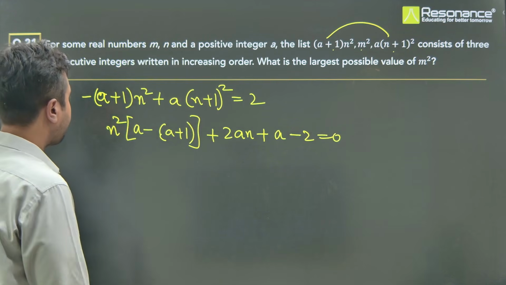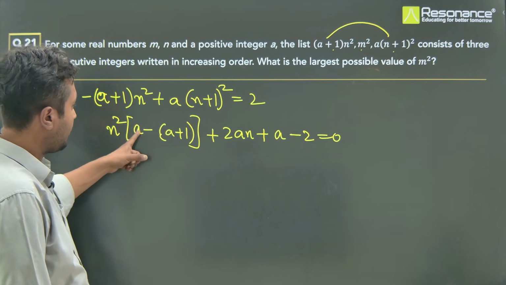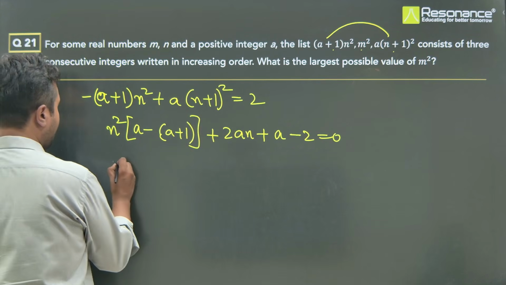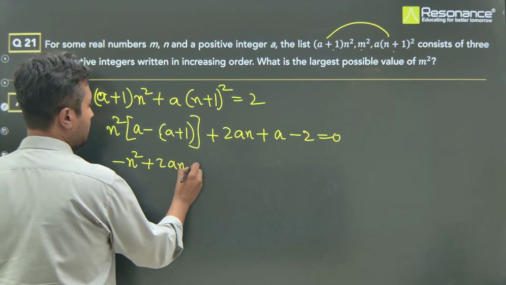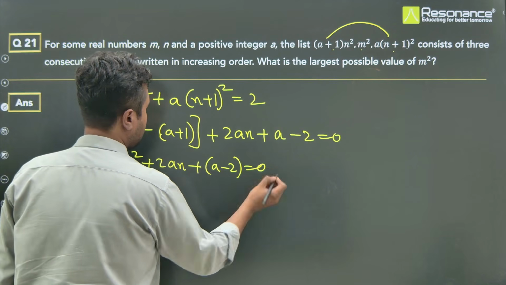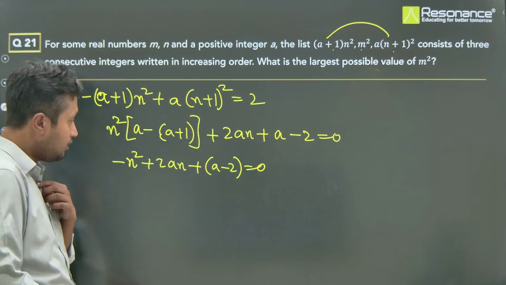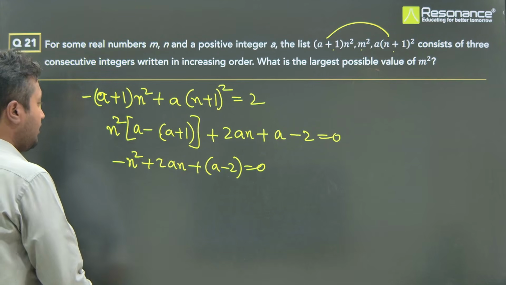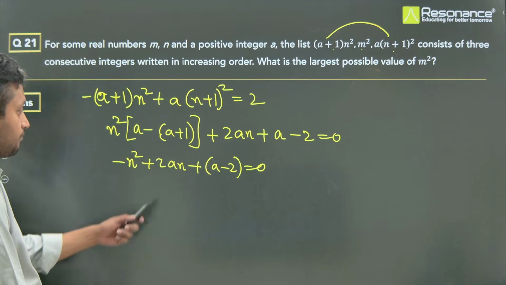Okay. So let's just check if we got that right. So all of that is -n^2 + 2an + a - 2 = 0. Now that's a quadratic that n is a root of, right? So n is a root of -x^2 + 2ax + a - 2.